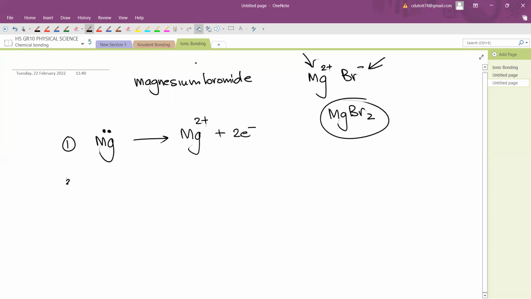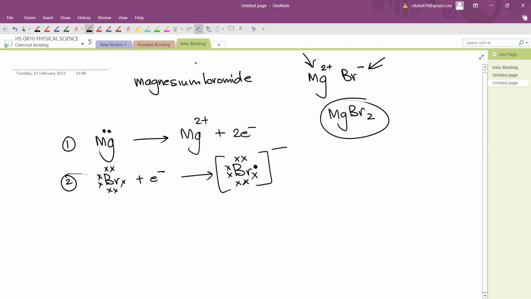And then bromide, Br, it's got 7 valence electrons. And it will pick up 1. Become what? Br, 1, 2, 3, 4, 5, 6. There's its 7 electrons, and it picks up 1 electron. So it becomes Br 1 minus.